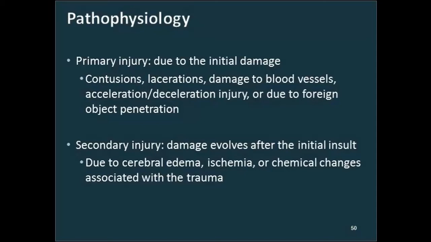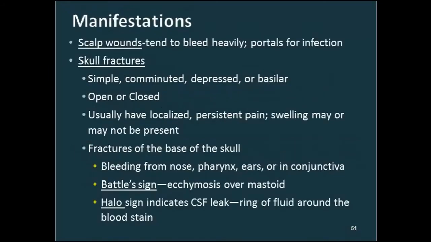And then the secondary injury is any damage that results or evolves after the initial injury as a result of edema or ischemia or chemical changes that lead to trauma in the brain. So a secondary injury is any damage that occurs after the original insult.